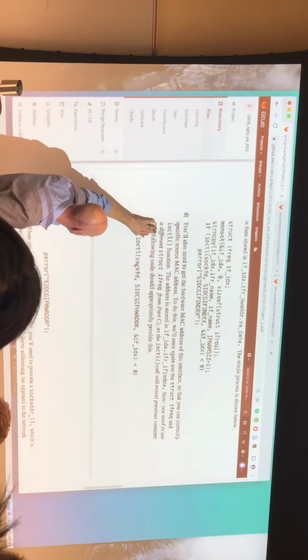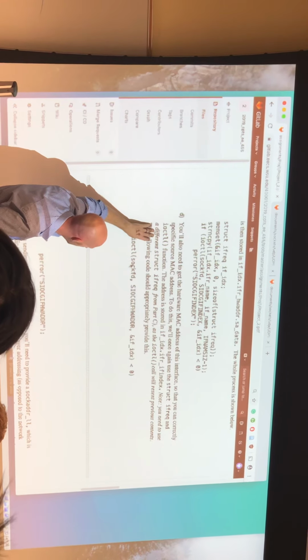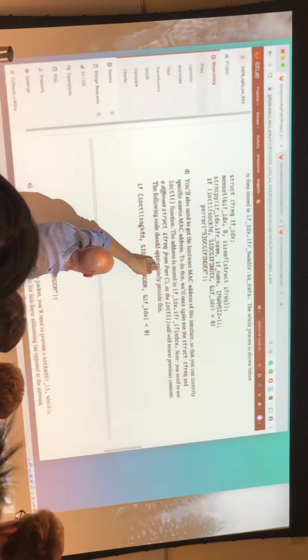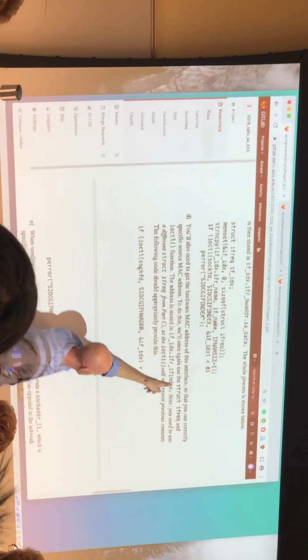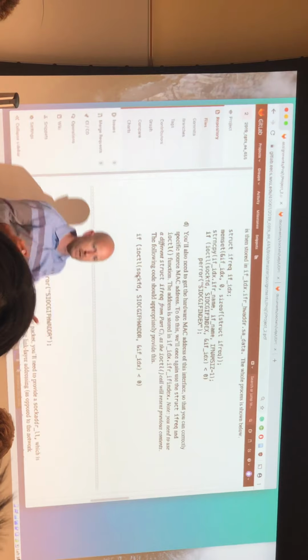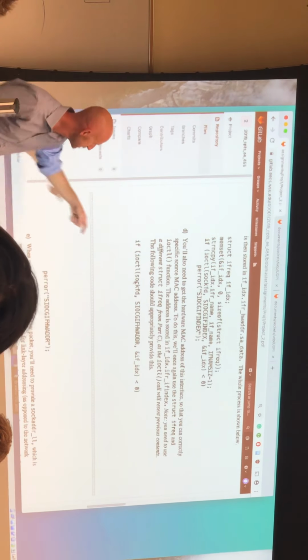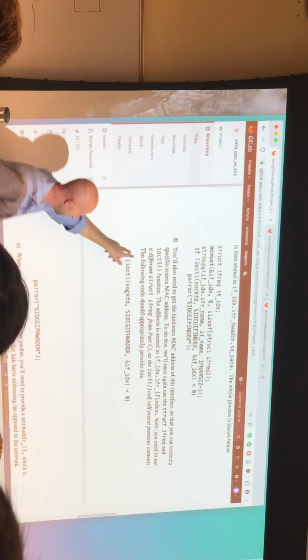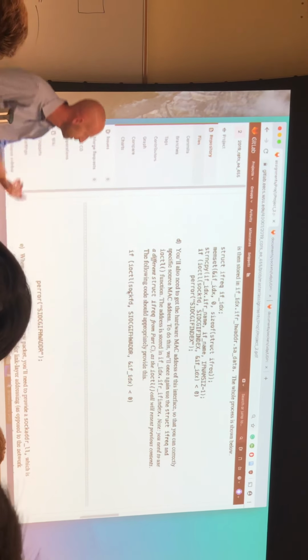That's confusing, I apologize. I don't know what else to do. The only point is you have to use two different structs, because calling this again with the same struct wipes out the contents. So that's confusing, but I specified it there. These are different IFRs.